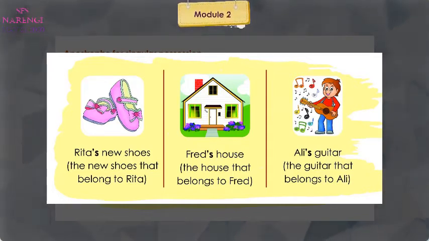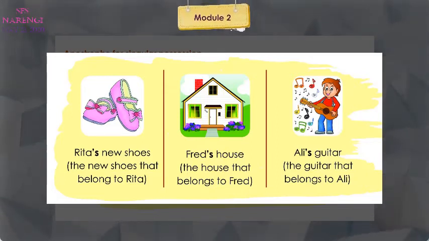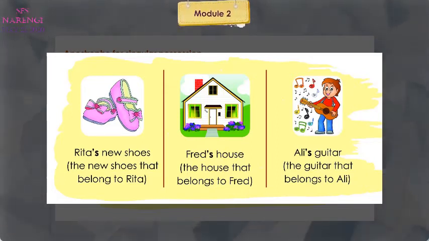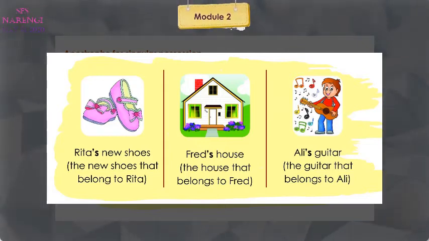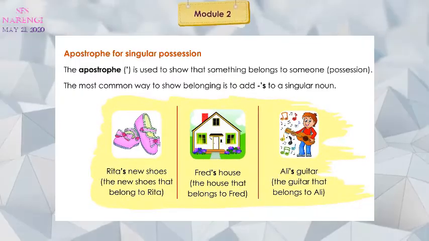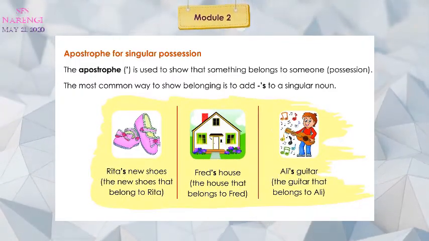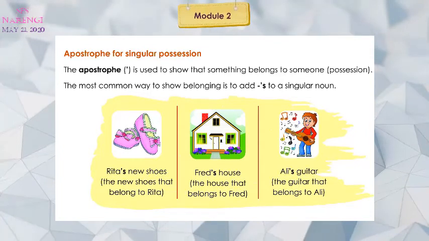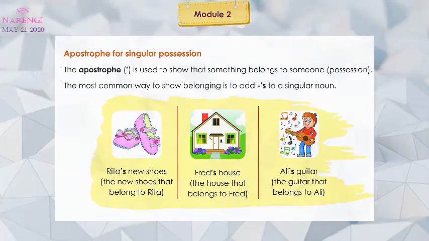So in here, Rita, Fred, Ali, the 3 nouns are singular. Yes? So whenever we have to show possession for singular nouns, we use apostrophe S. So hope you all understood what is apostrophe for singular possession.